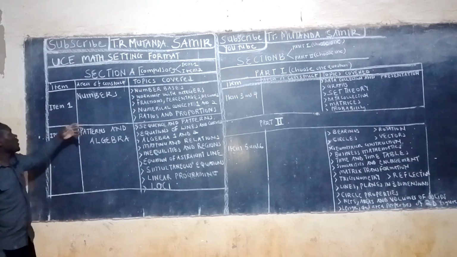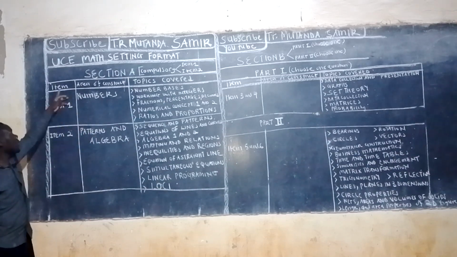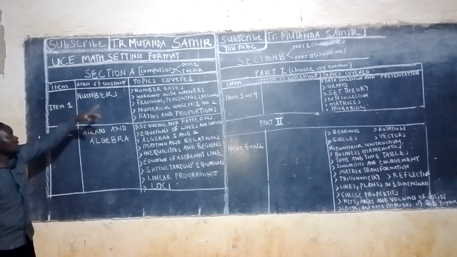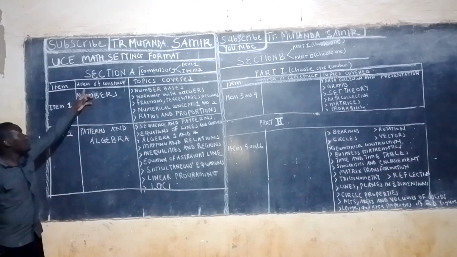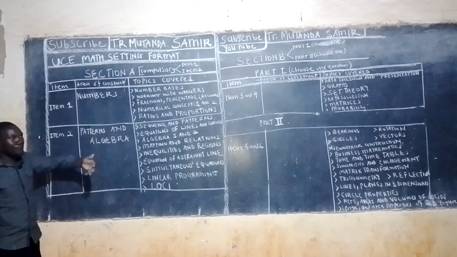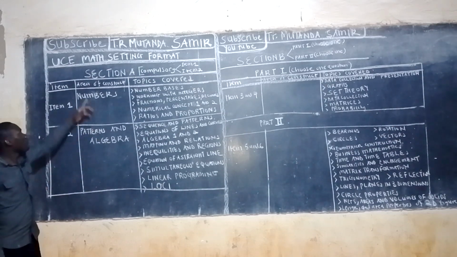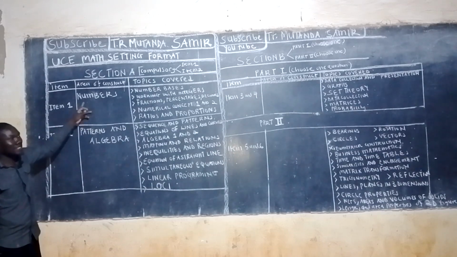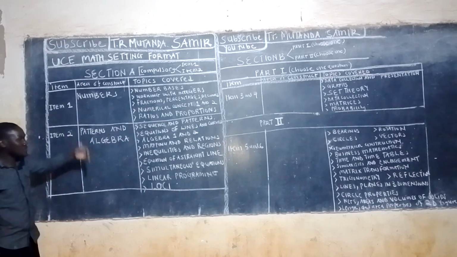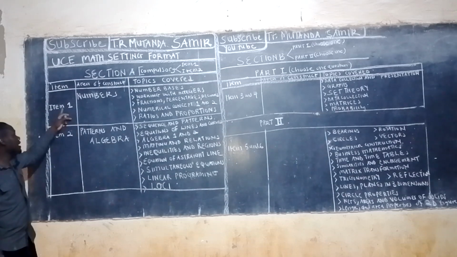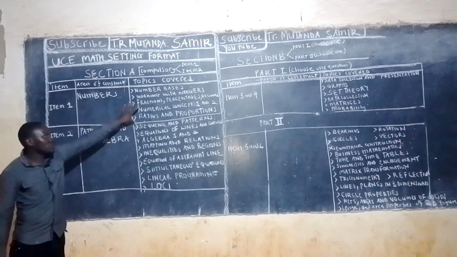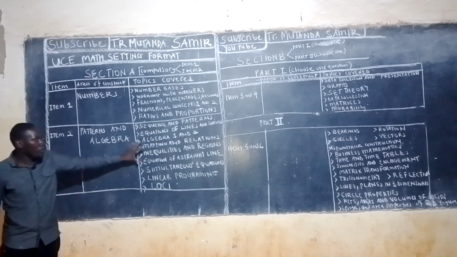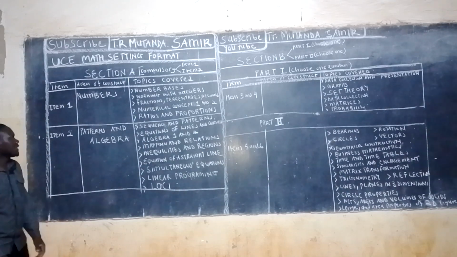The area of construct is the same as a theme. The theme they set in item 1 is numbers, but this may not be all that important. All you need to know is which topics they set in item 1 and in item 2.